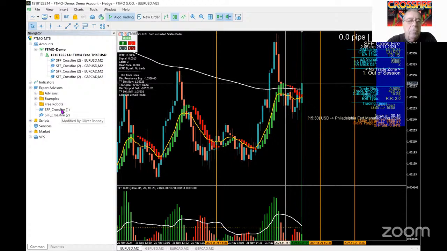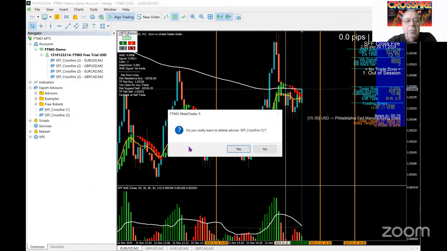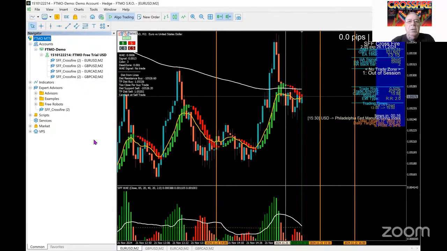So if I right click on that and then delete, that will get rid of the previous version. If for any reason you needed to go back to version 1, you've still got it in your downloads folder. So it hasn't disappeared completely. It's just disappeared from your MT5.